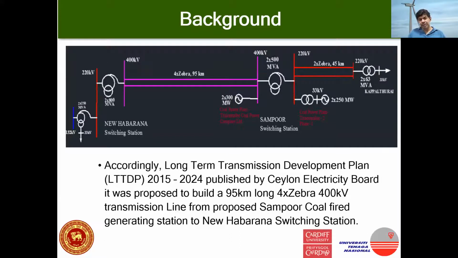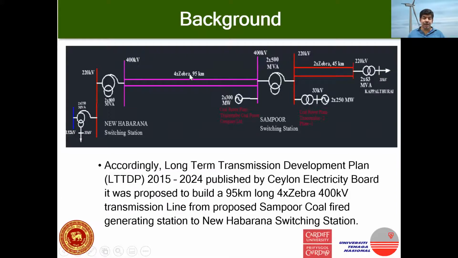But the difference was the original plan. They were planning to increase the voltage being used in the country to 400 kV. If this line had come, that would have been the only 400 kV line, of 95 kilometers.